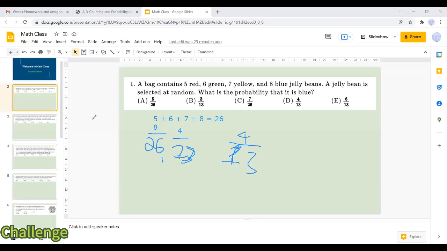So if we were to choose another one, I'm pretty sure, hold on. You would probably want to do 4 over 13 again.